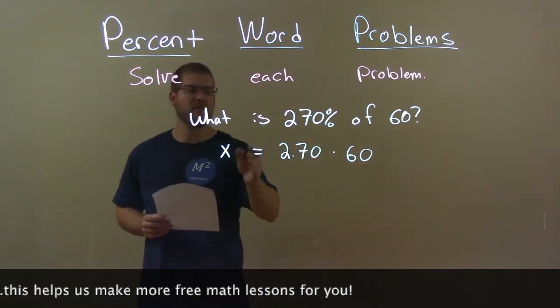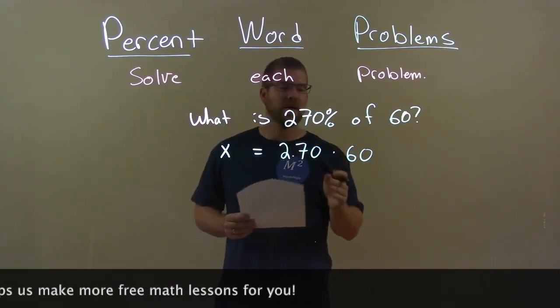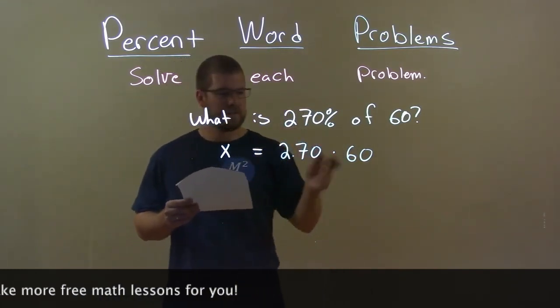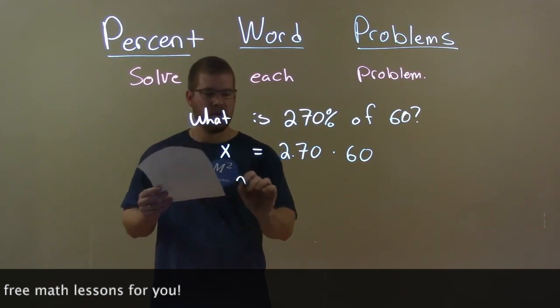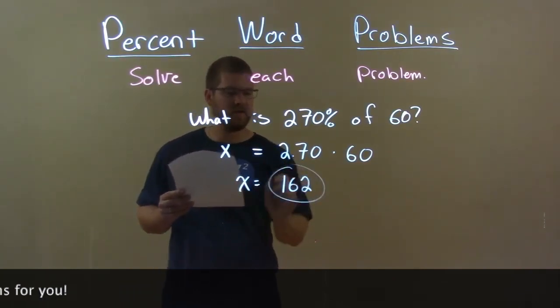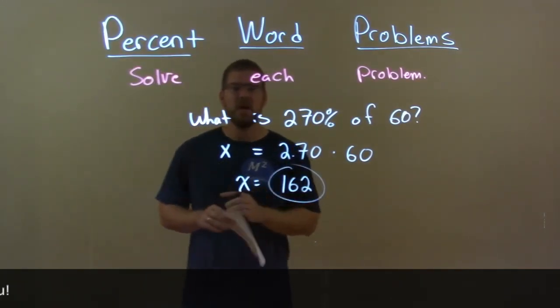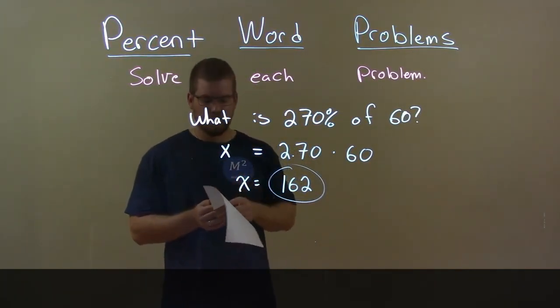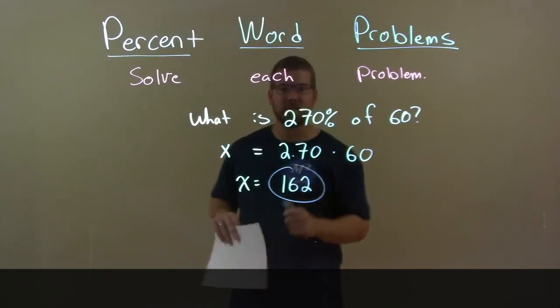Okay? So x equals 2.70 times 60. We solve for x. 2.70 times 60, all right, is 162. And so there is our answer, 162. 162 is 270% of 60.